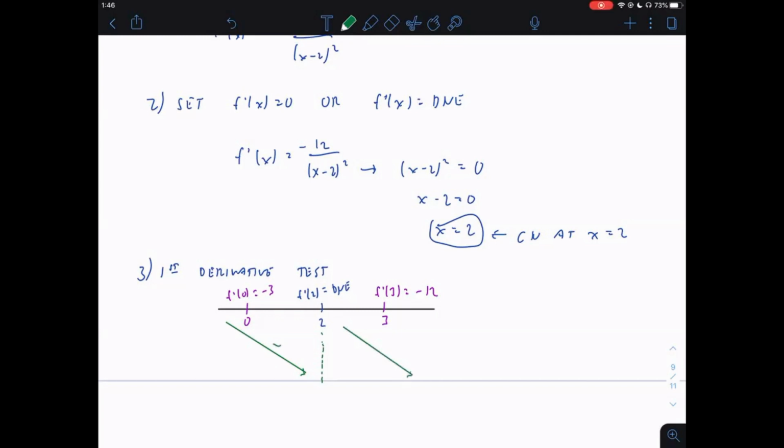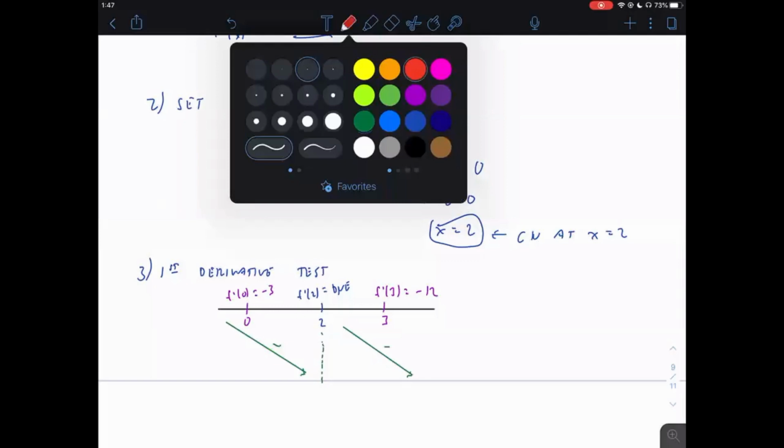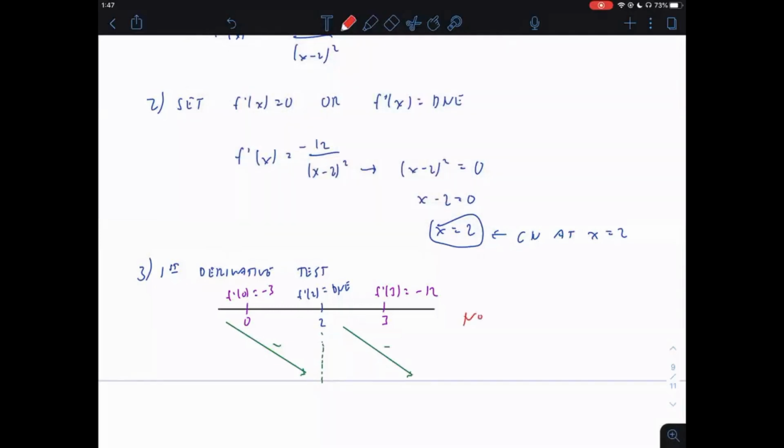So it's negative before the critical number, before this jump, and then negative once again. If there's no change in the sign of the slope, then we have no relative extrema at x equals 2. So here we have no relative max nor min.